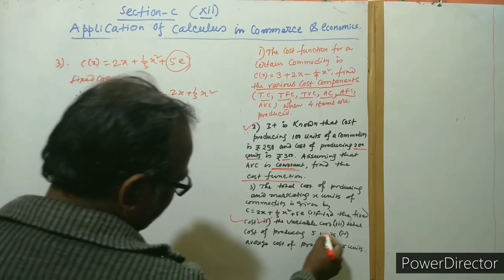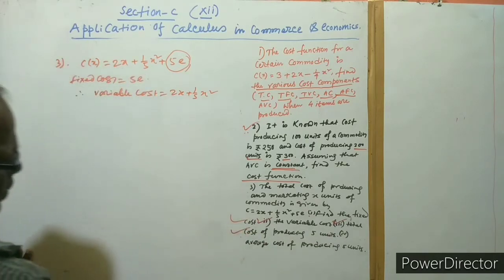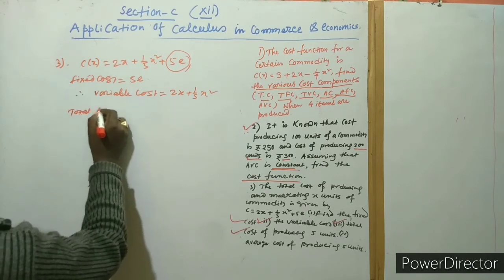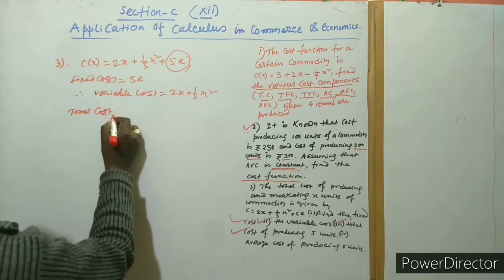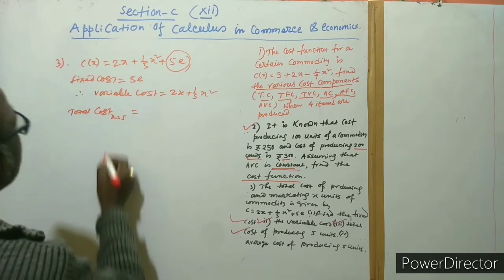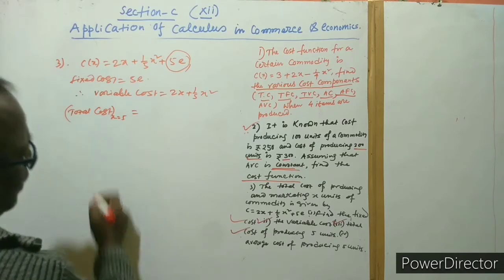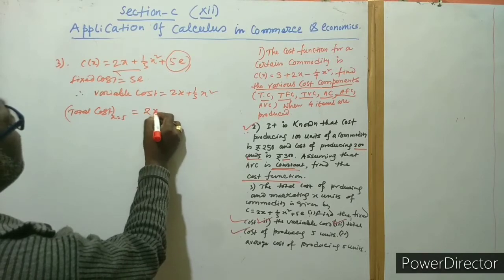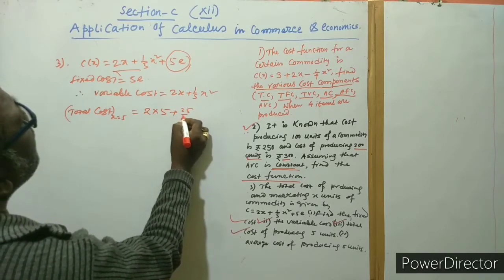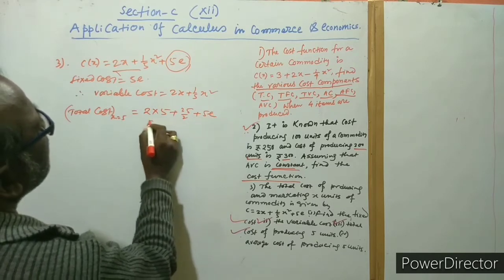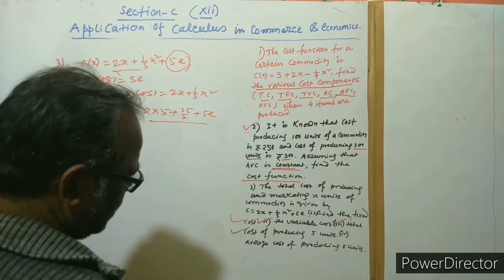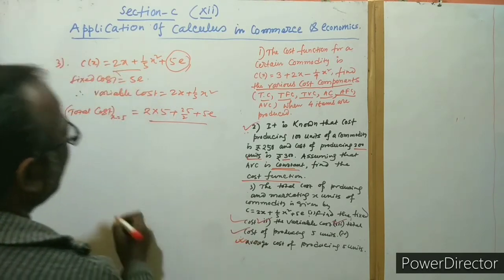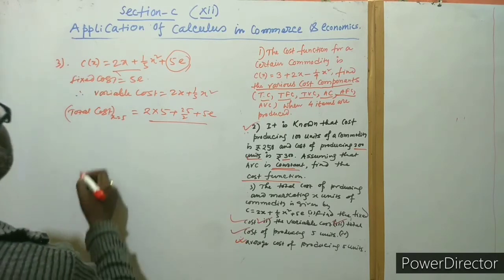And the total cost of producing 5 units: the cost when x is equal to 5 units, find the total cost, and this is your cost function. Total cost and average cost of producing 5 units. Average cost, not variable, only average cost.